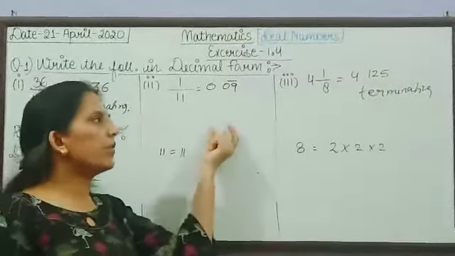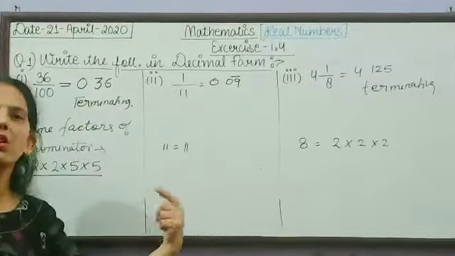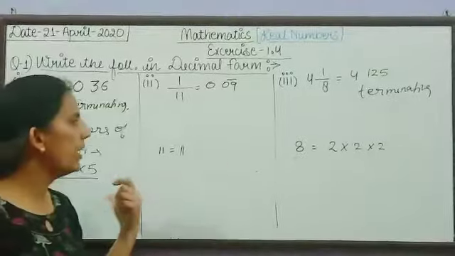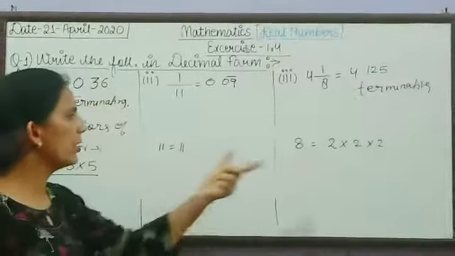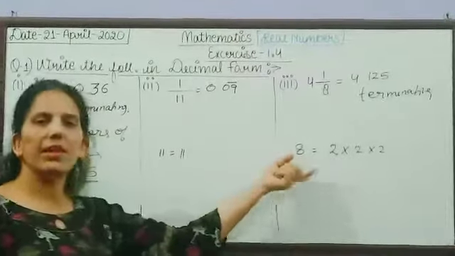Otherwise, it will be non-terminating, and it can be non-reoccurring, right? So, with the help of these two expressions, you will get to know what kind of decimal expansion it is.